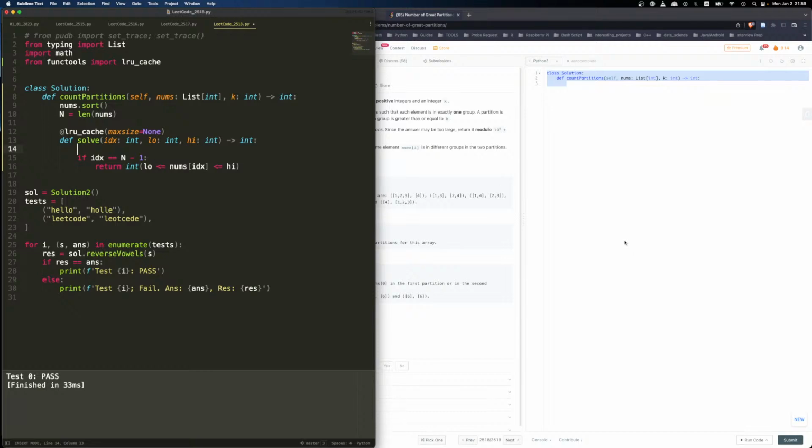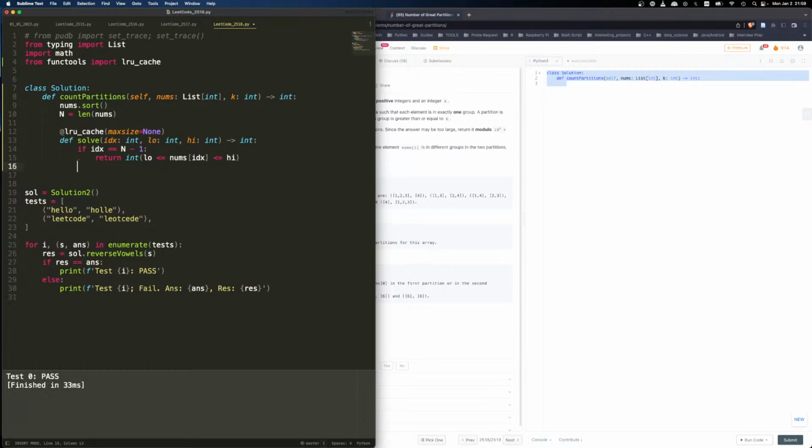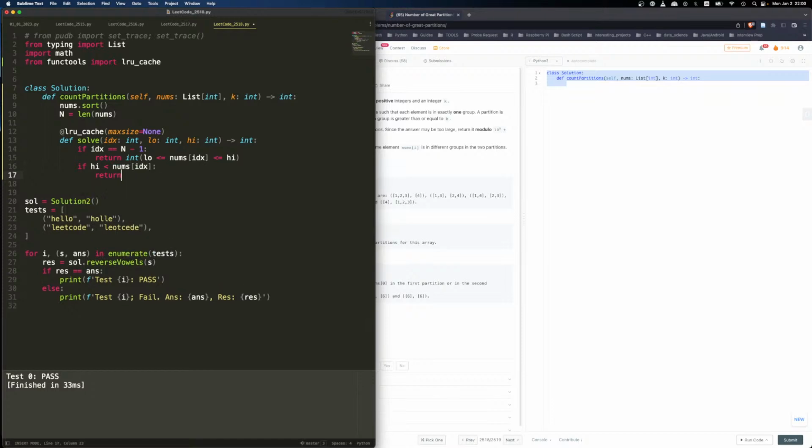That means it's a 0, right? So we say if high is smaller than nums index, I will return 0, because high cannot be smaller.